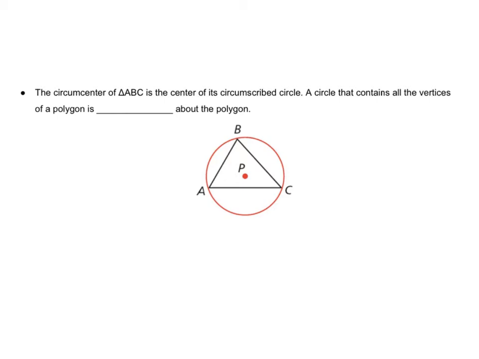But the circle needs to contain all the vertices of the polygon. So a circle that contains all the vertices of a polygon is circumscribed about the polygon. Okay, that goes right here. I just couldn't fit it.